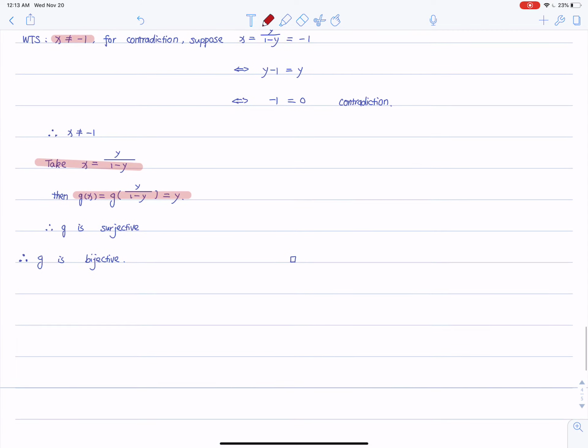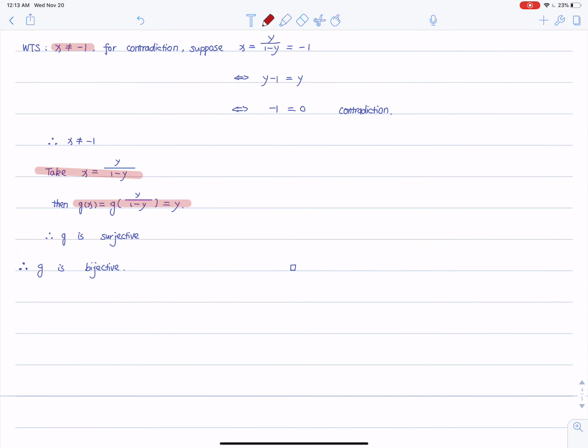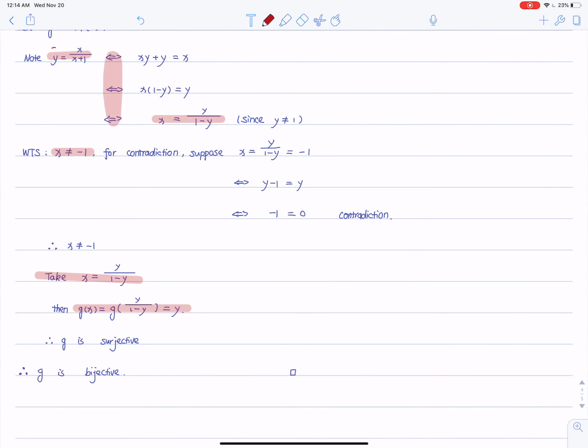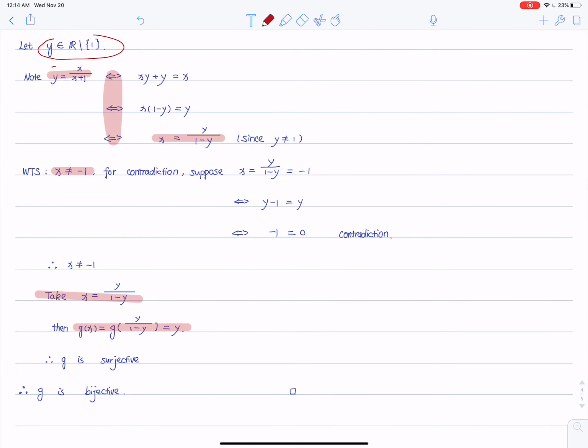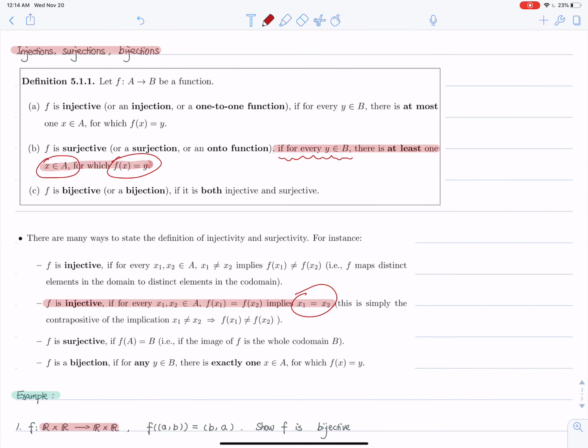If you don't understand this part, it's because for all y in your codomain, we can find an element, which is your x here, in your domain, such that g of x equals y, which is exactly the definition of surjectivity.